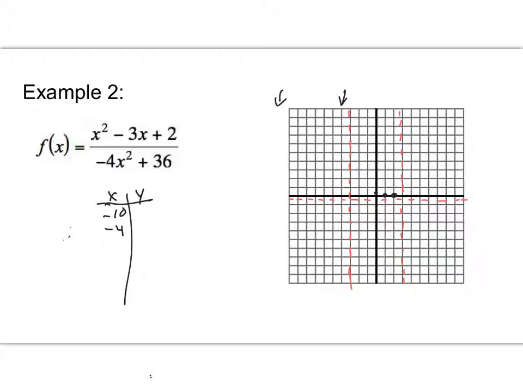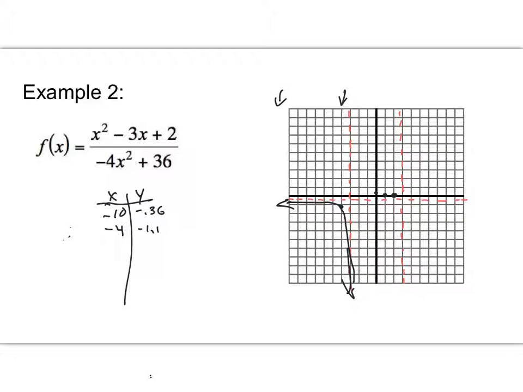When I plug in -4, I end up with around -1.1. All right, so that is below my asymptote, somewhere down here. And when I plug in -10, I get -0.36-ish. So that's still below here, but it's approaching that asymptote. Oop, don't cross that line, please.